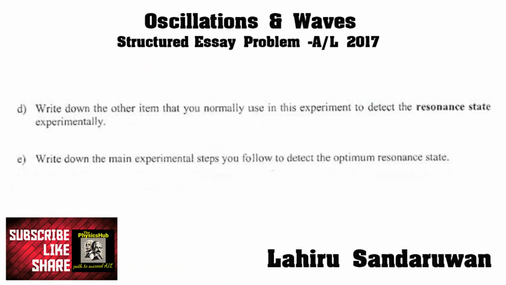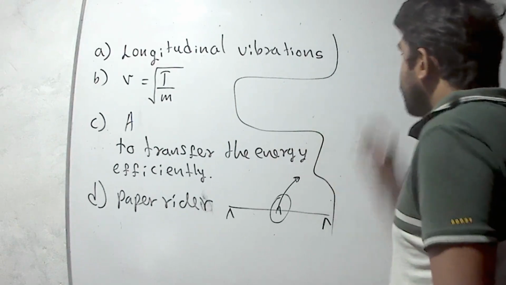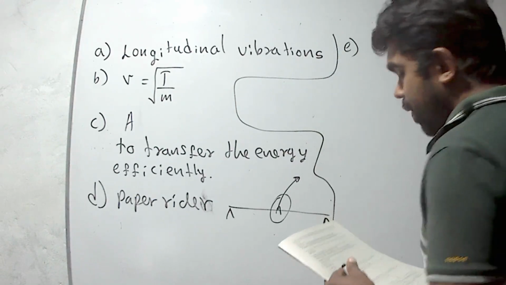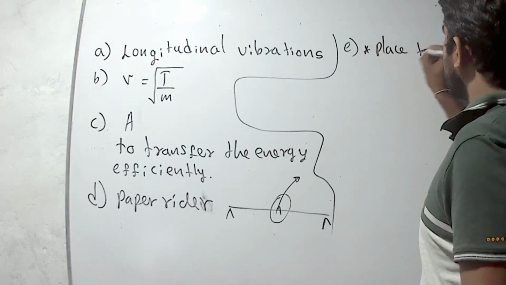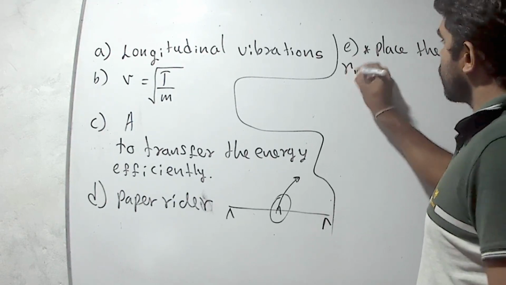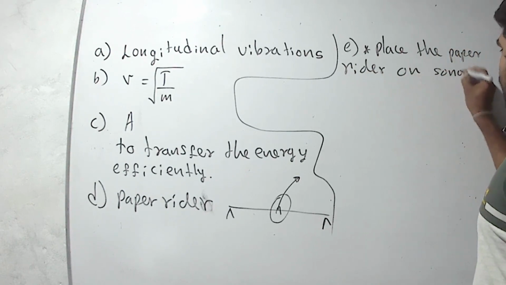Part E. Write down the main experimental steps you follow to determine the optimum resonance state. First of all, we have to place the paper rider on the sonometer wire. Then we can write the first step: place the paper rider on the sonometer wire.